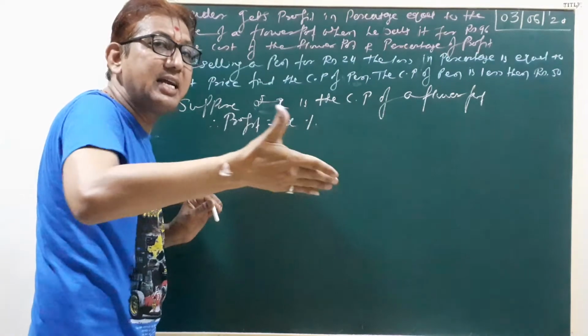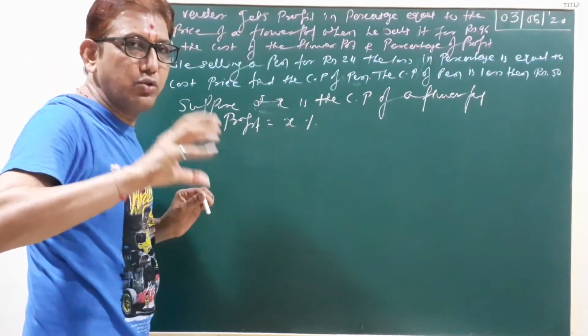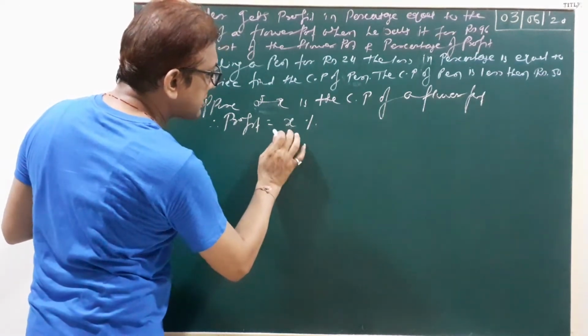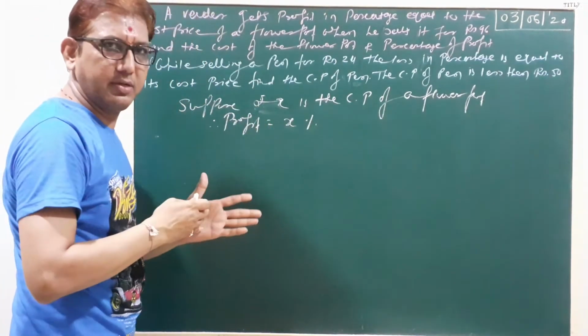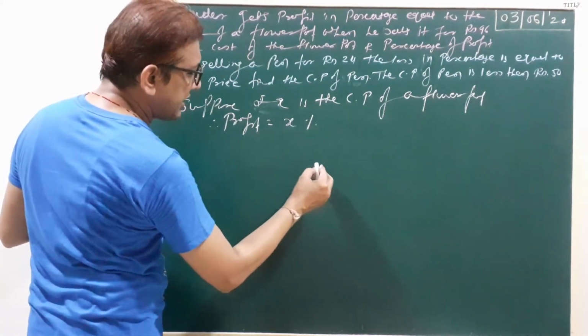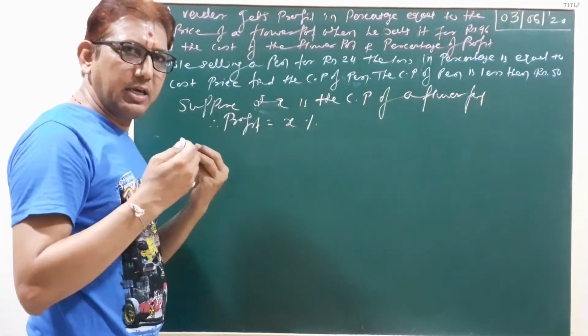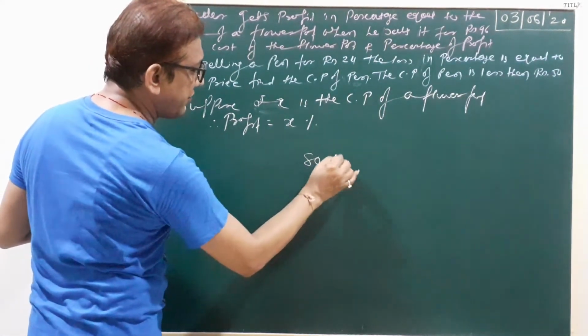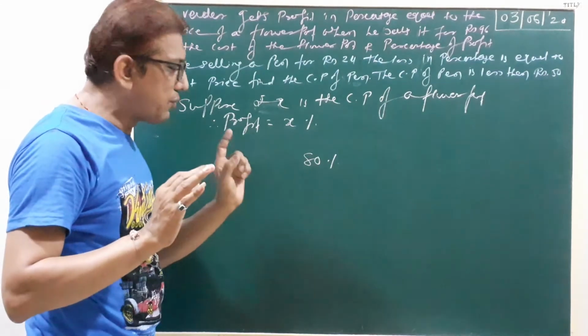Right? By the 7th, 8th, 9th standard, we use the triplets. What is the meaning of this percentage? X percentage. Suppose I give the board examination and we get 80%. What is the meaning of 80%?